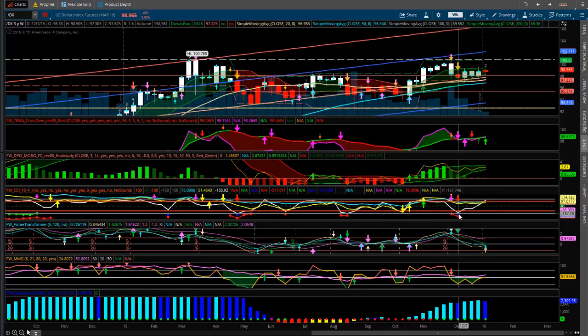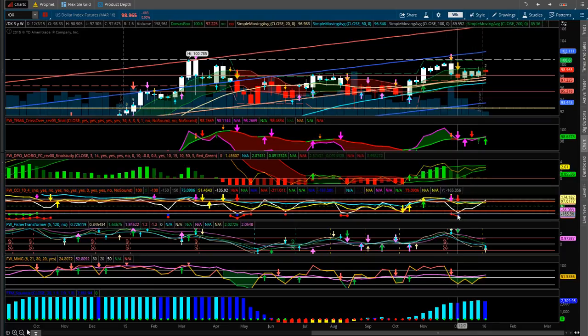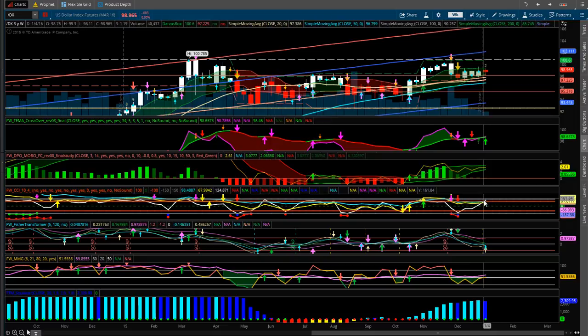Like this was a buying opportunity right here. As you can see, the 50 was still hanging on the top end. So this was a nice little what they call snapback. And look, it just came right back up, and now it's on a higher range.